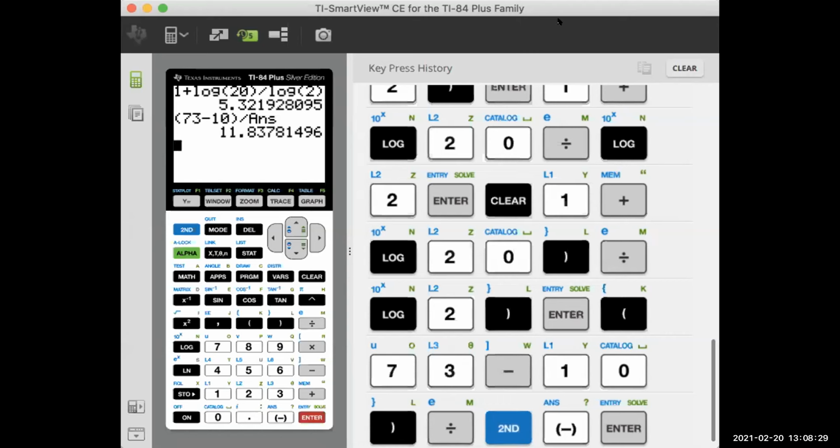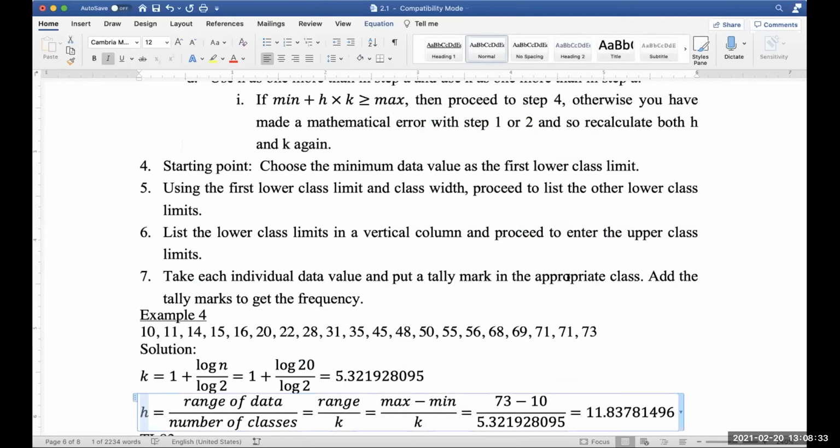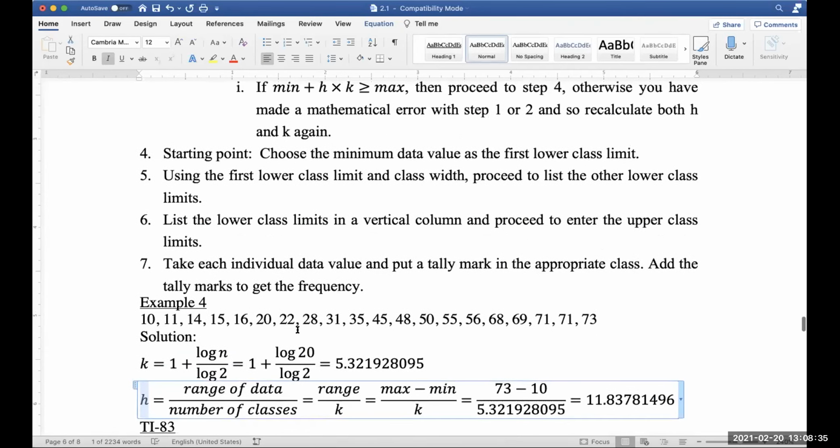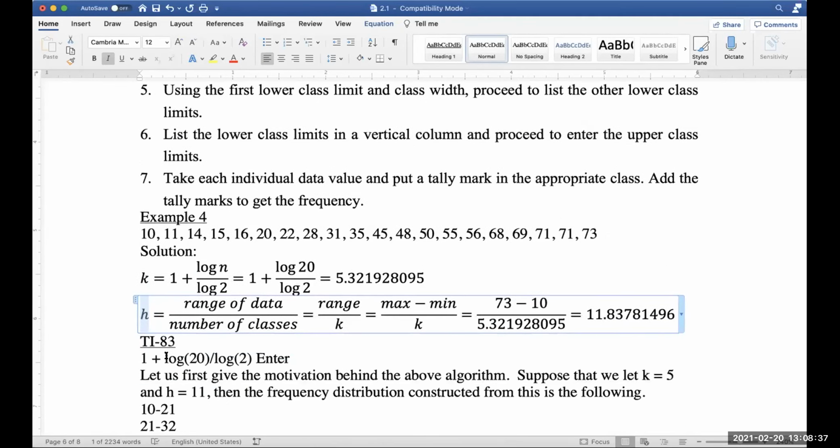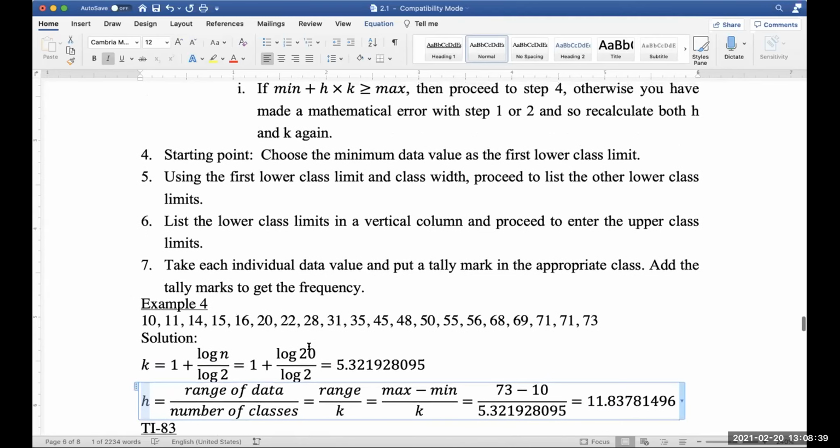Okay, so now let's go back and see all the problems we're now presented with. This says that my class width should be 11.8 something, but my data are whole numbers. So the place value for my data is the ones place value.